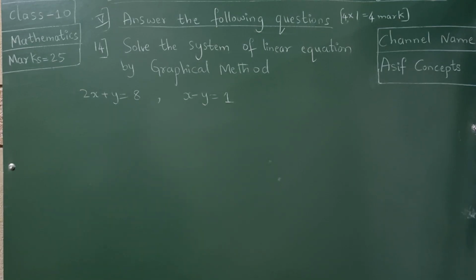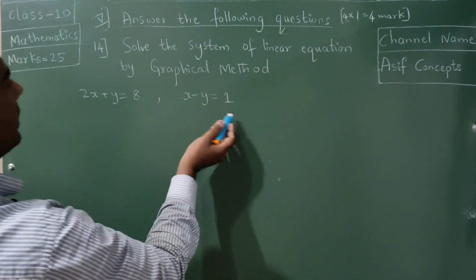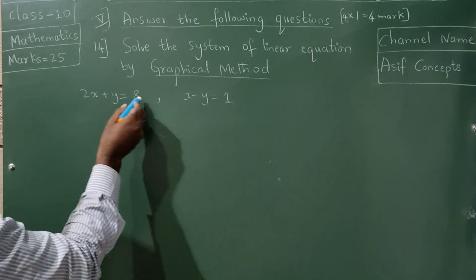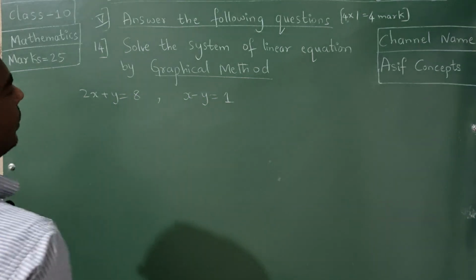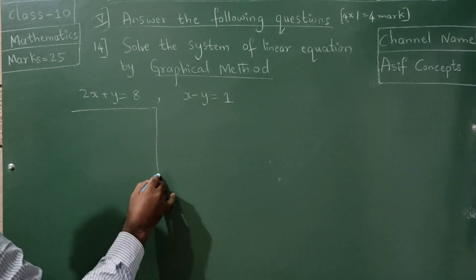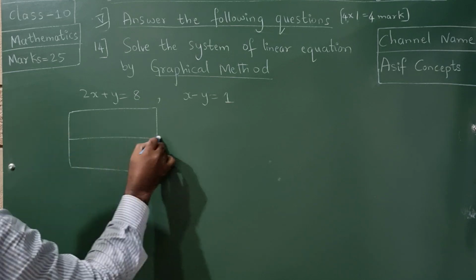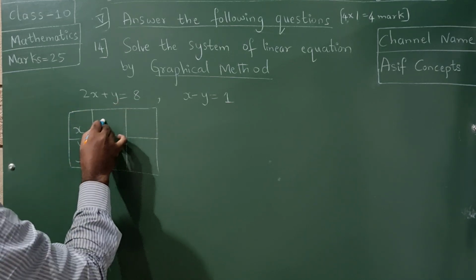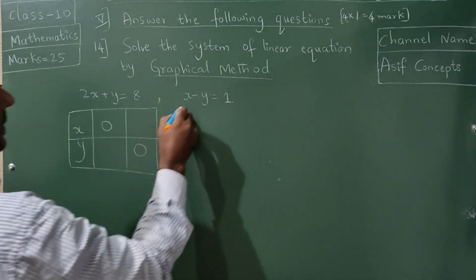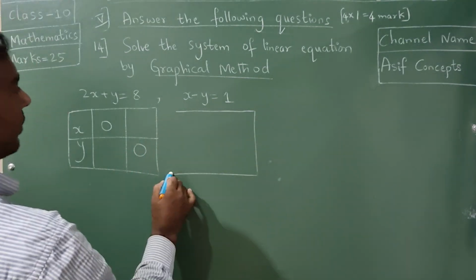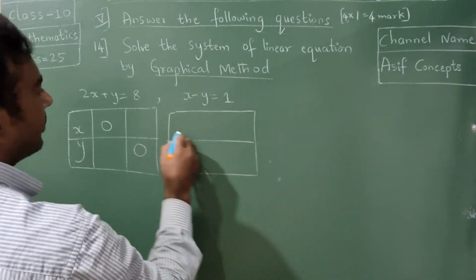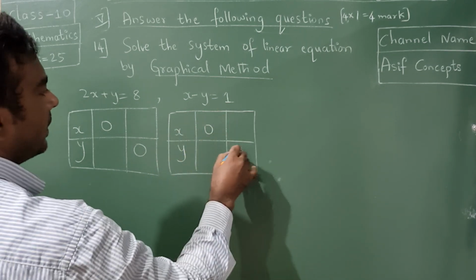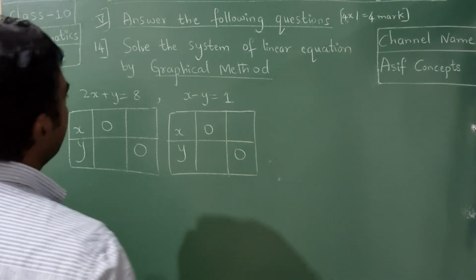Now 14th question. Solve the system of linear equations by graphical method. So the equations are 2x plus y is equal to 8 and x minus y is equal to 1. Now always, whenever they give an equation, write x, y, take this as a 0, then next this as a 0. For the next equation also the same, write x, y, write this as a 0 and the next y as a 0.